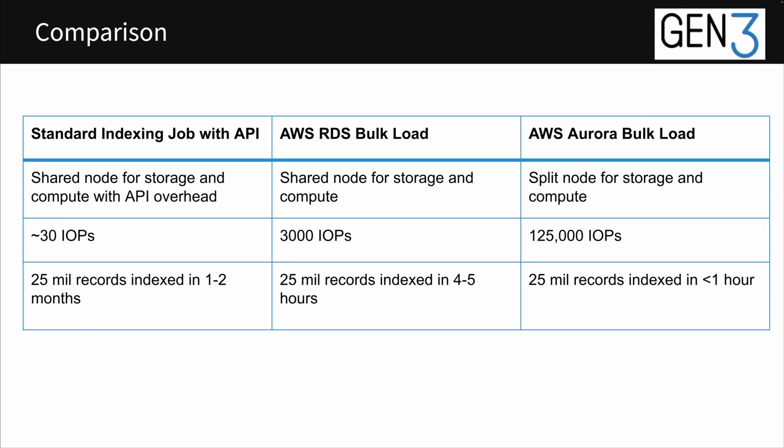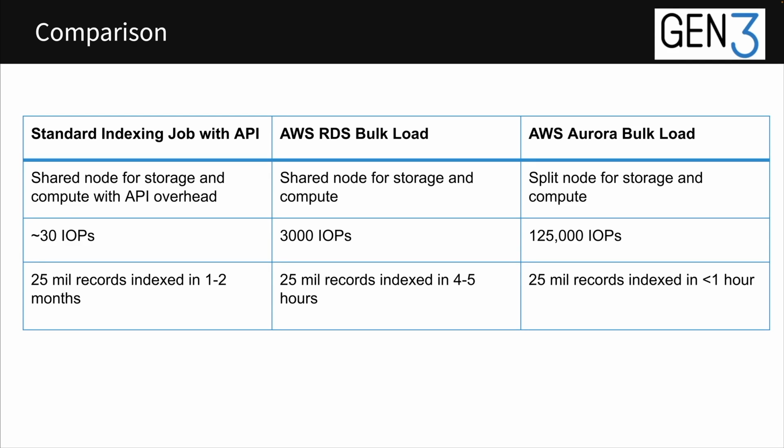This gives us a result of 30 IOPS in standard indexing job versus 3,000 in RDS bulk load compared to 125,000 in Aurora.